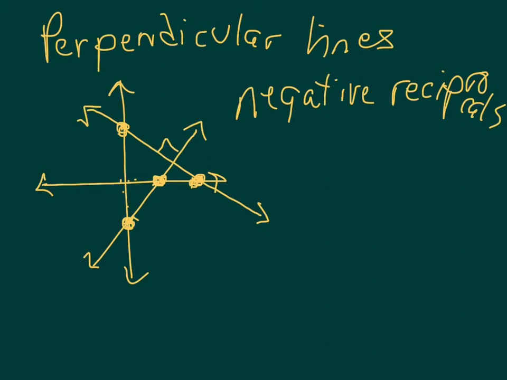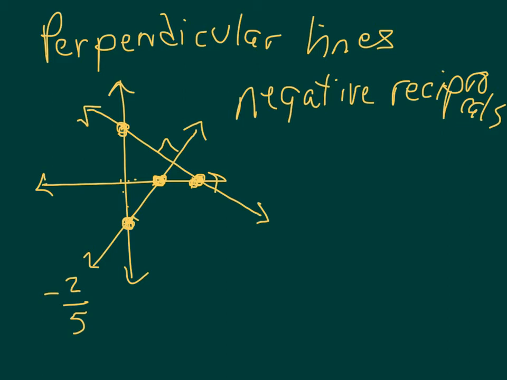Which means if the slope of this line, let me grab my pointer, the slope of that line right there is negative 2/5, let's say. I look at this line right now, and I know that the slope of this one, considering they're perpendicular, is the negative reciprocal.